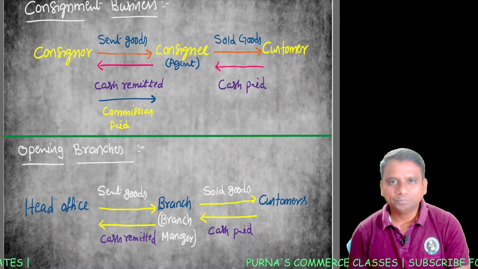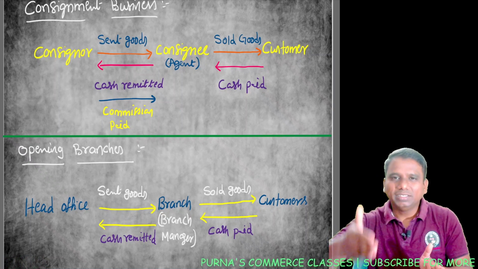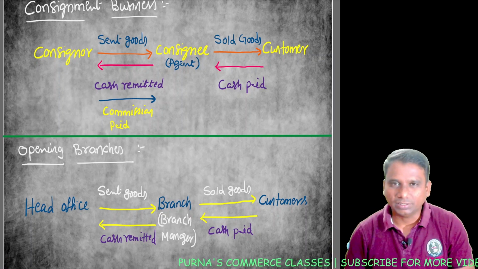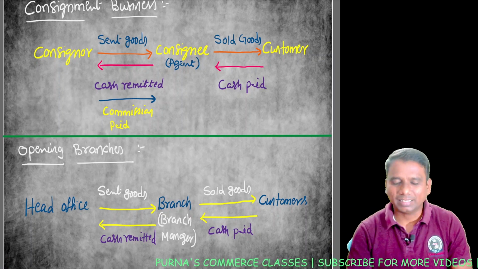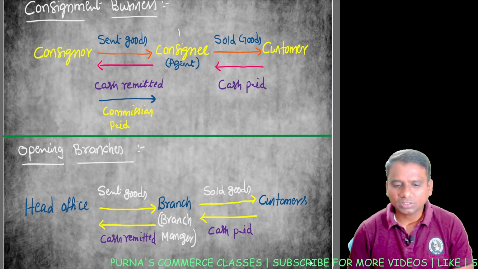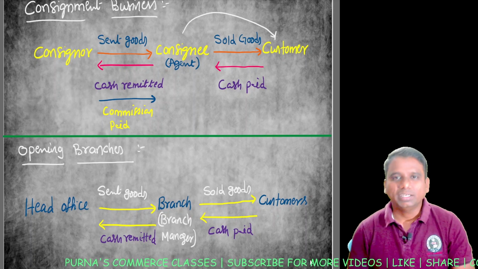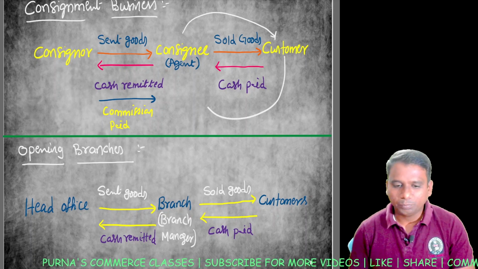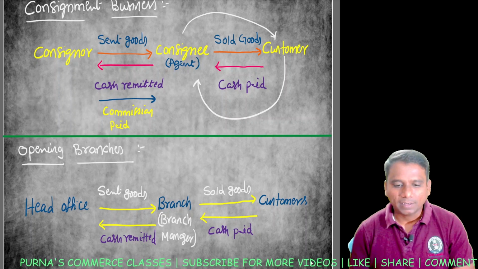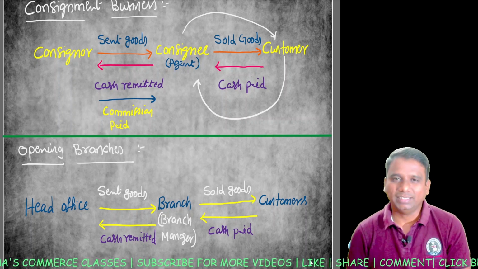Already you know this very well. The consignor, that means ABC Limited, appoints one person, the consignee, who is our agent. The consignor sends goods to the consignee. The consignee in return sells goods to customers. Customers pay cash to the consignee, and the consignee remits the cash to the consignor.